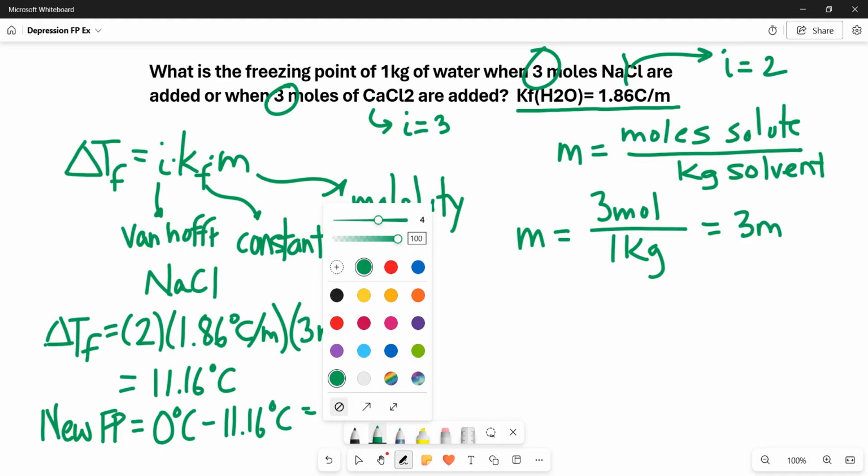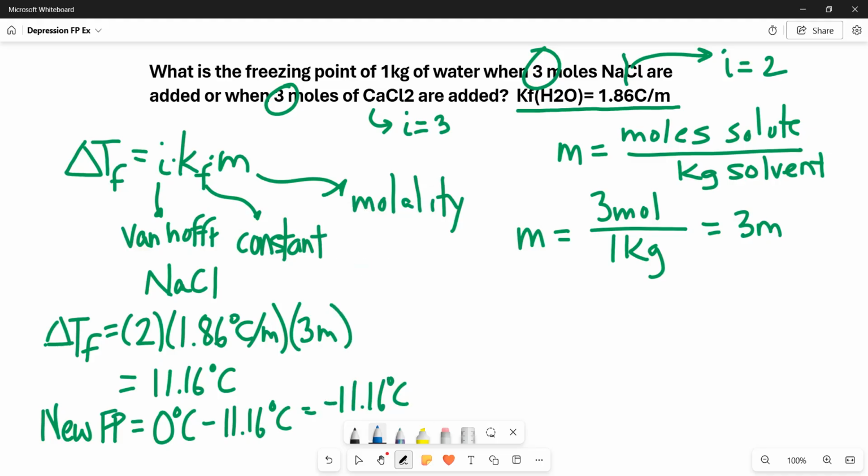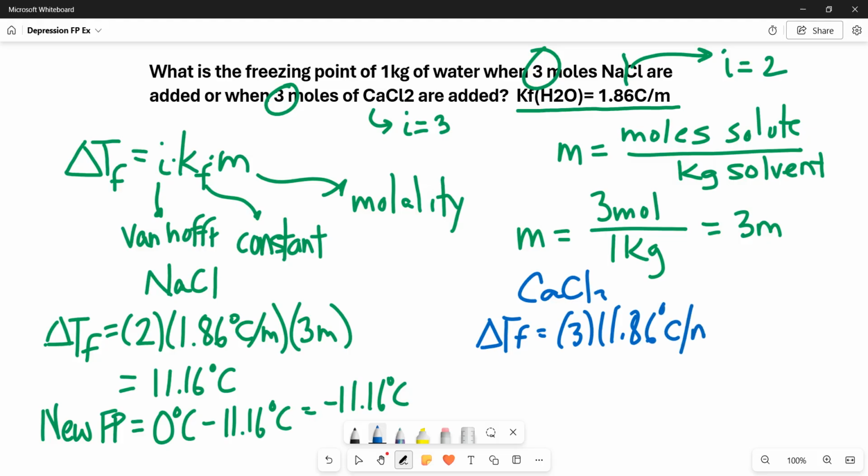So let's calculate the calcium chloride. If we look at calcium chloride, the change in temperature is going to be a 3 for Van't Hoff, the constant is still 1.86 degrees Celsius per molal, times 3 m. And so when we calculate this, the change in temperature is going to be 16.74 degrees Celsius.